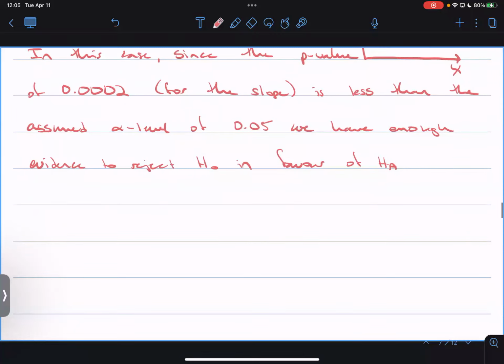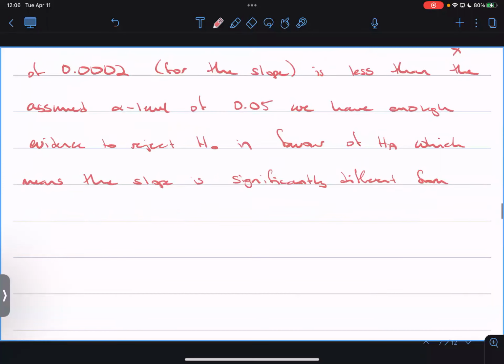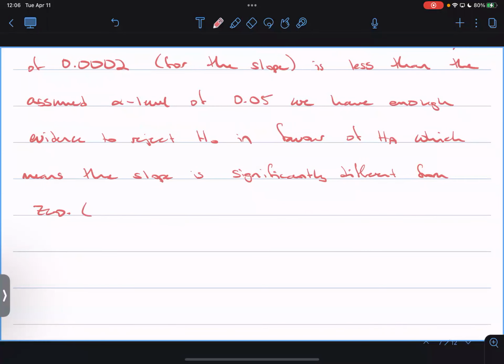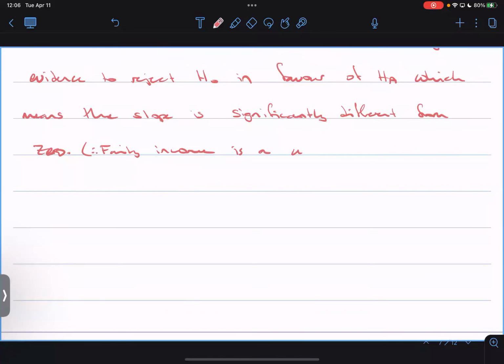Which means the slope is significantly different from 0, and I'll add in brackets because you could end there if you wanted to, but therefore family income is a useful predictor for gift aid.